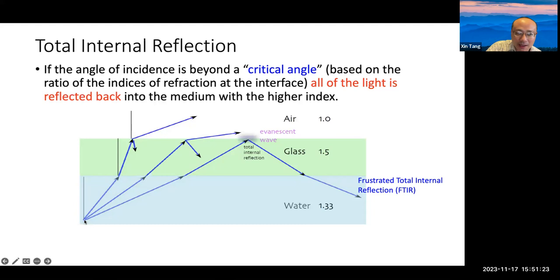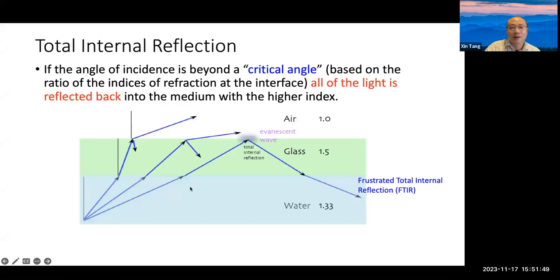If we let the light go from water to glass, the refractive index goes from 1.33 to 1.5, so it's going into a denser material. Then the light will bend towards the vertical line, right? But from the glass to the air, it will bend away from the vertical line. So it will go this way, okay?